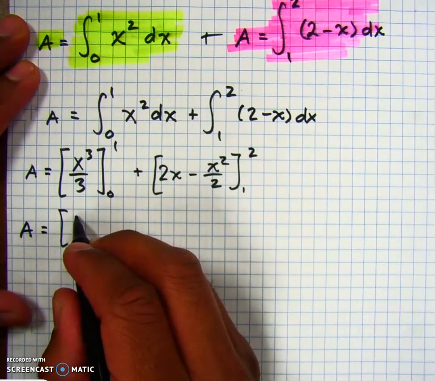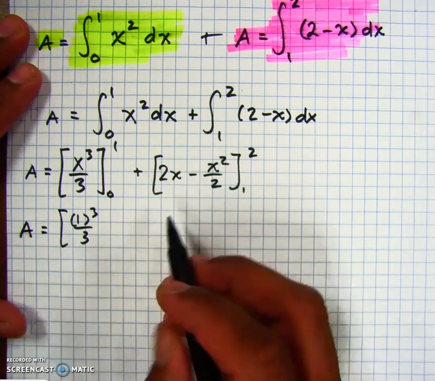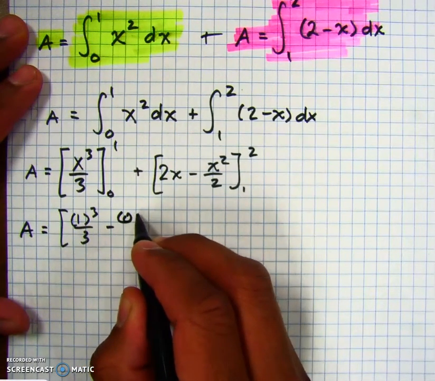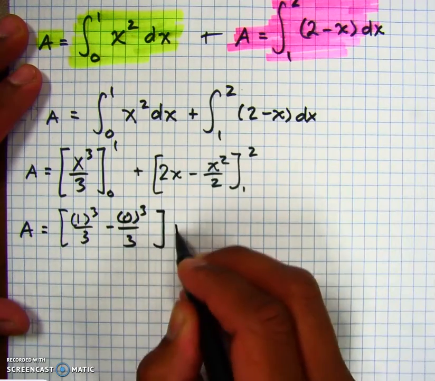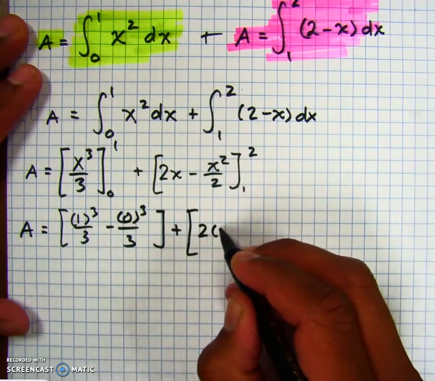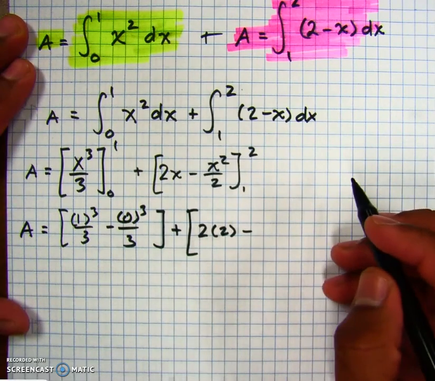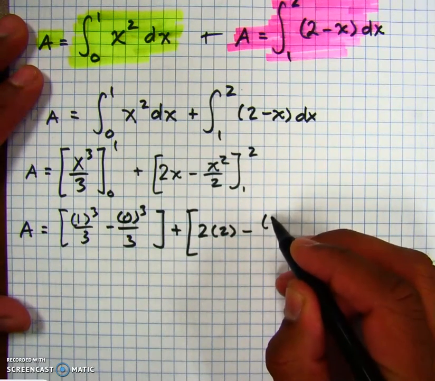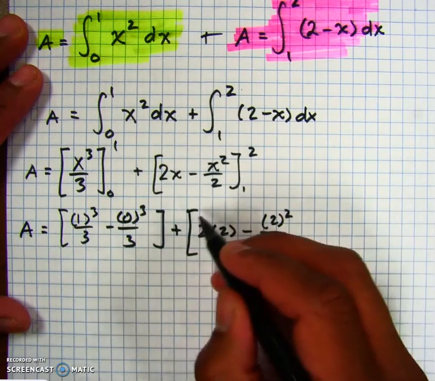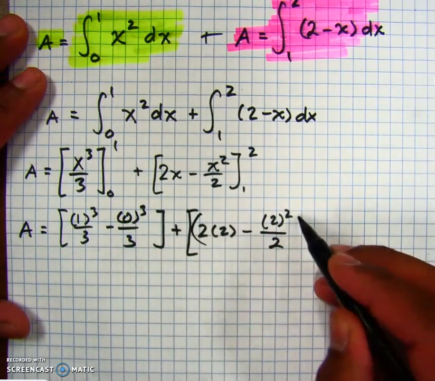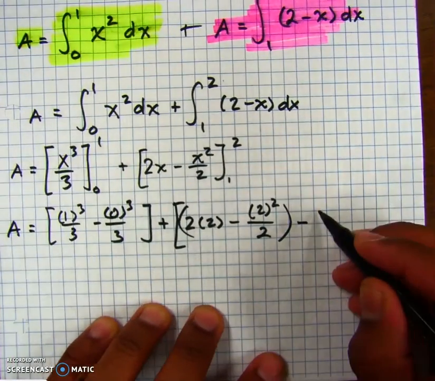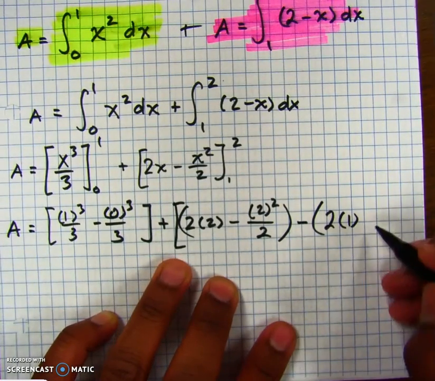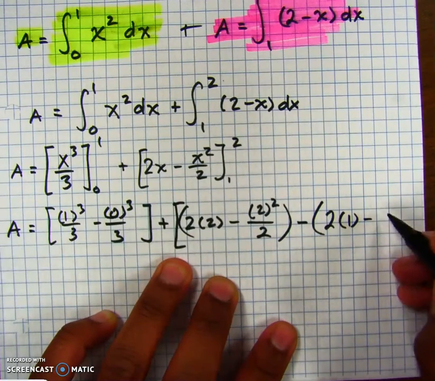Area is now pretty much 1/3 minus 0 plus 4 minus 2 minus, and that's going to be 1/2.